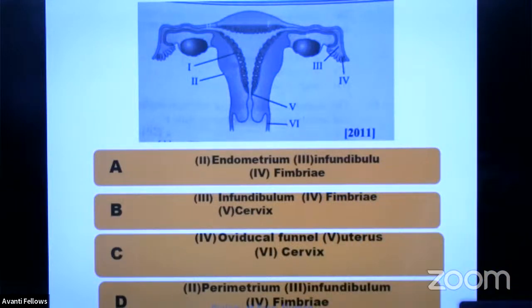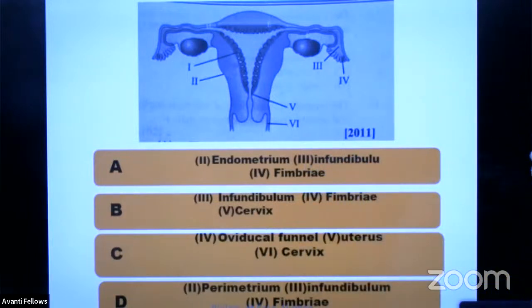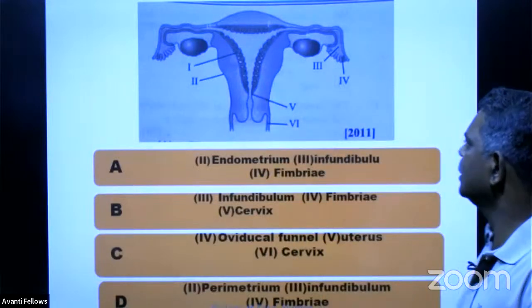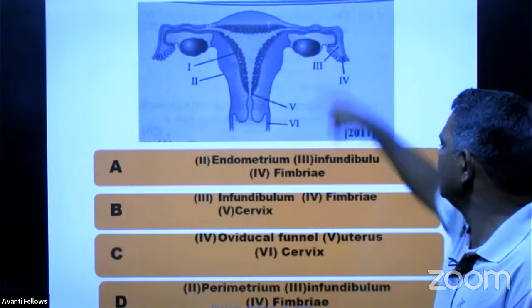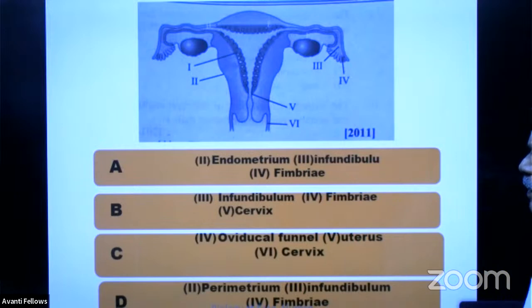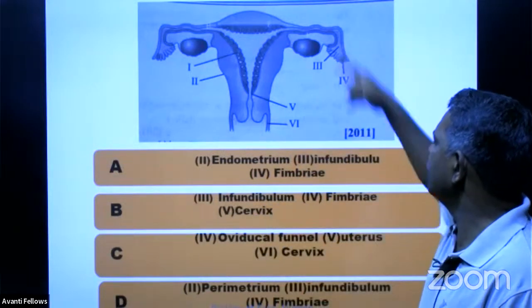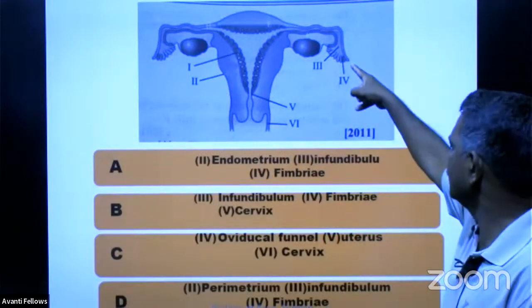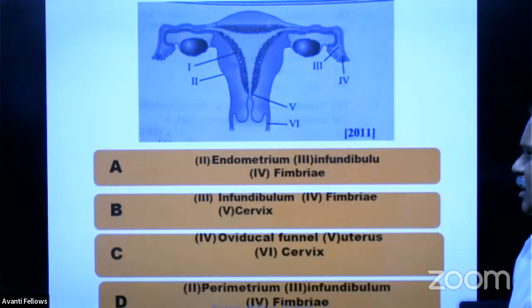Option A, endometrium, infundibulum, and fimbriae. You see, given here, the second is endometrium, the third one is infundibulum, and the fourth one is fimbriae. And see the next option. The third one is infundibulum, the fourth one is fimbriae, and the fifth one is the cervix region.